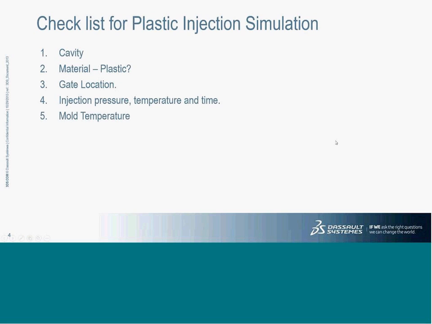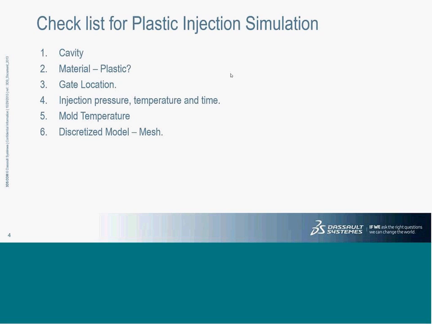So we'll be maintaining the mold at a certain temperature. We need to have an understanding of what appropriate mold temperature we are going to use. Now this is a software part of it, and we have the cavity, and then we are going to discretize or mesh the model.